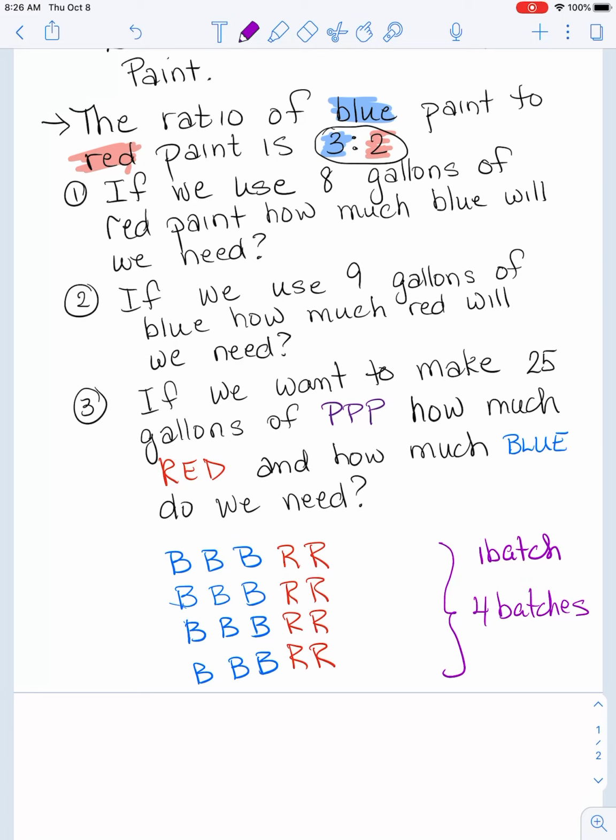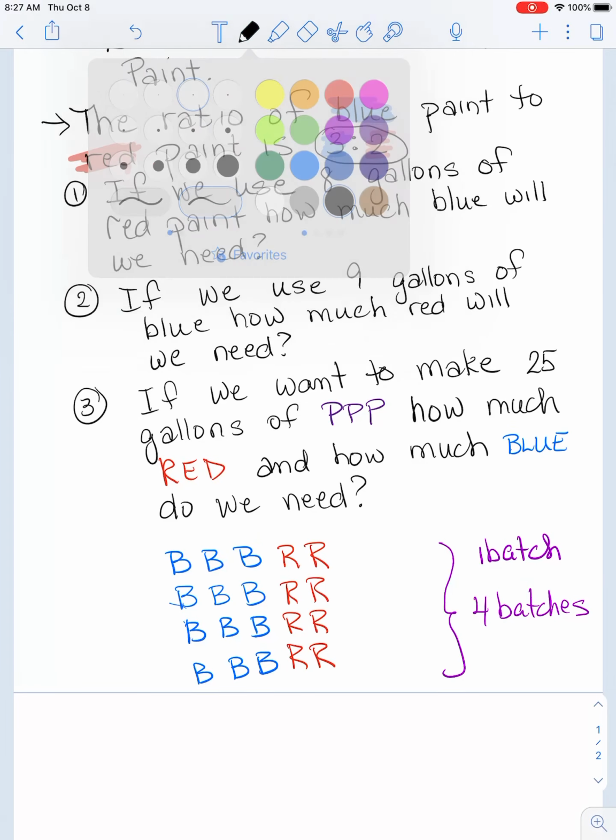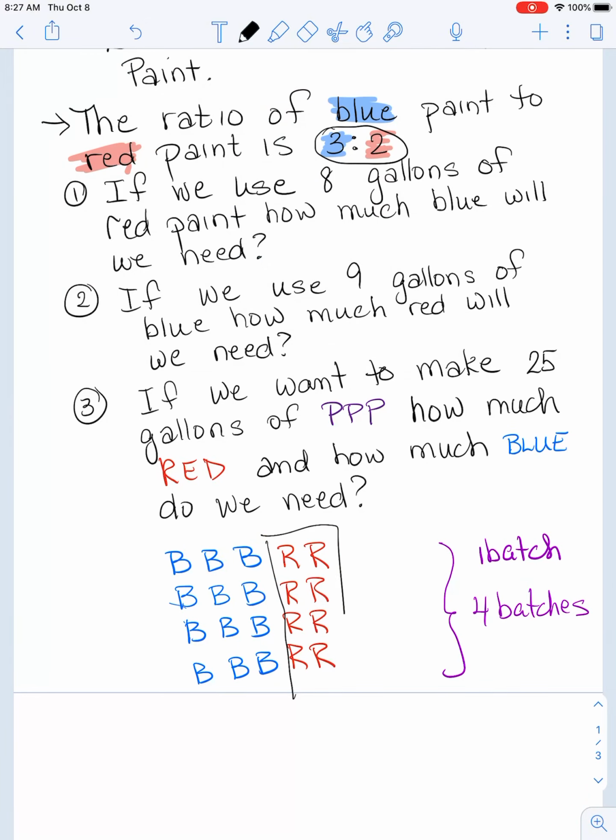Okay, now if I use 8 gallons of red paint, that would be these 8. How much blue paint will I need? So let's see, how much blue paint do I need? Let's count. We have 3, 6, 9, 12.